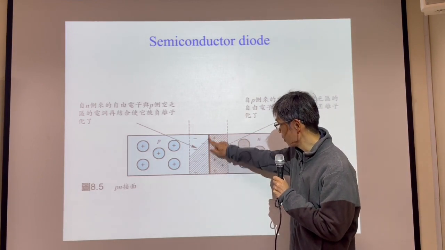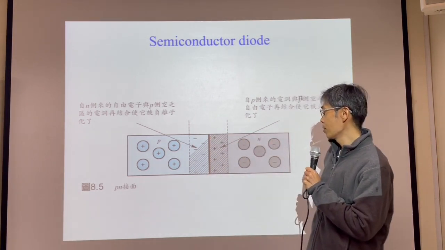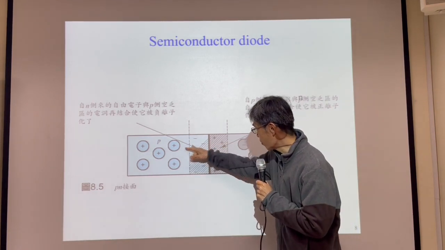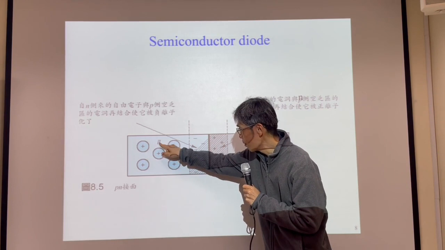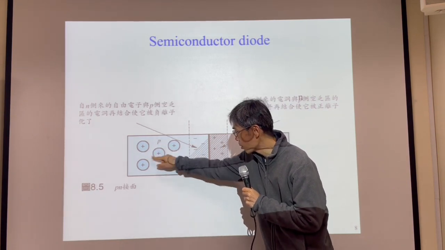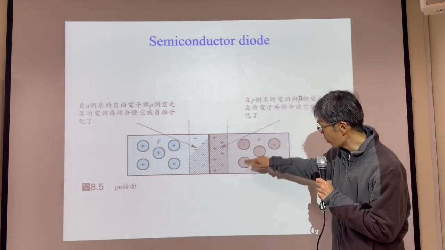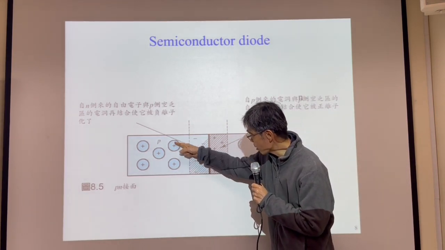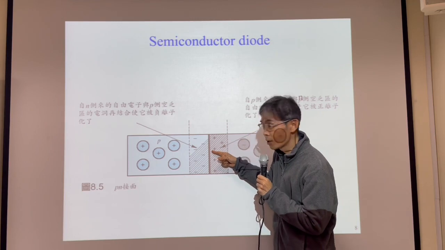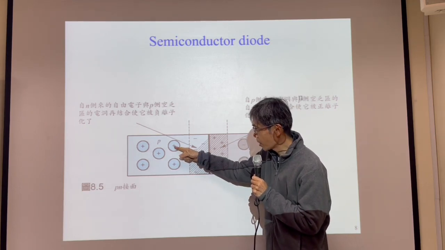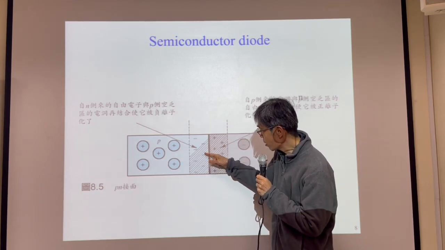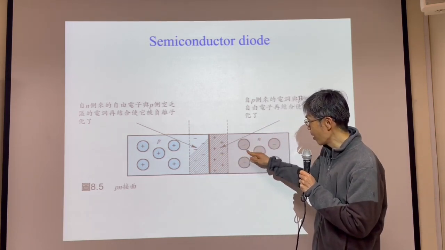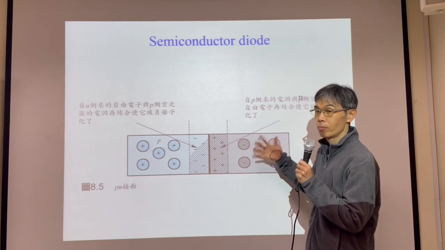Near this region, we have P-type positive holes and N-type negative electrons. Some electrons here would move here because electrons are attracted by the positive charge, and some positive charge is attracted to the negative charge.